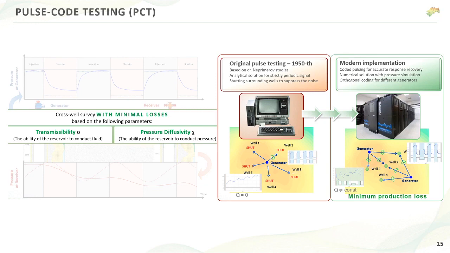And another thing is that this pressure disturbance would have some large amplitude in the generating well, and when it comes to the receiving well, the amplitude would be, of course, substantially lower, and this decay of amplitude, right, as the pressure travels through the reservoir, depends on reservoir transmissibility.